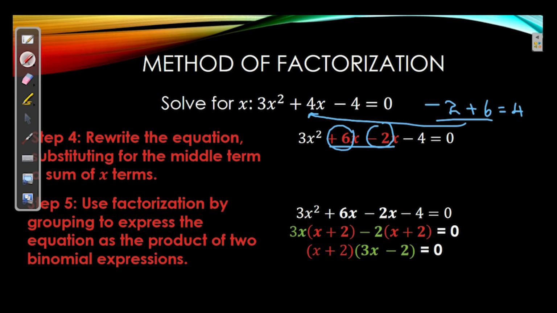So there's a way in which I would refer to how this becomes what it is. And essentially, you can think about it in a couple ways. One is that if I want to make back +4x, essentially I have to break it up into the sum of +6x, -2x. Or another way of looking at it is that I replace the +4 with the sum of my two numbers that I came up with.